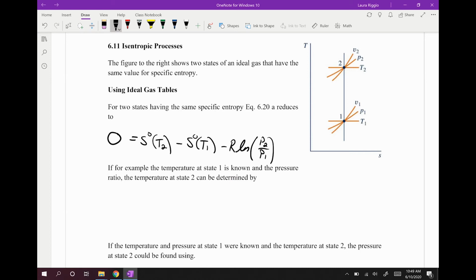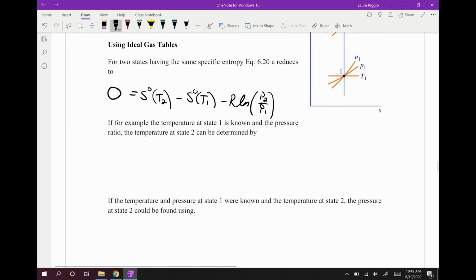For example, if we know the temperature at state 1 and the pressure ratio, we can find the temperature at state 2 by solving the equation for s° of T2.